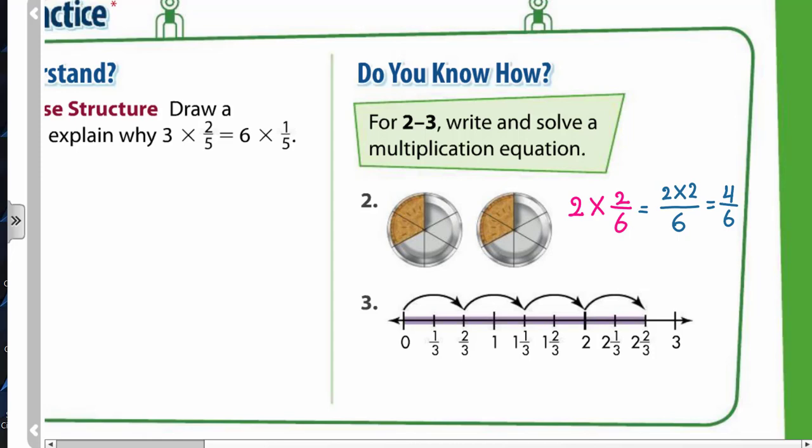The question wants multiplication, not addition. Yeah, but you can plus. Again, the question is about multiplication. I know that, but you can plus it also. But we're not doing this lesson today because we already did it.